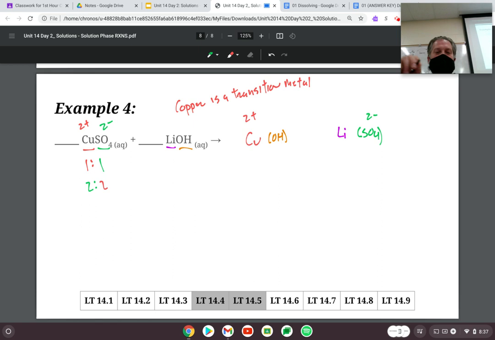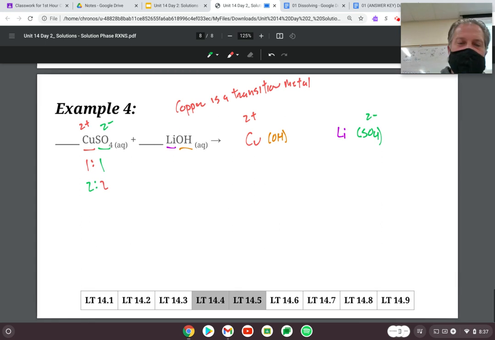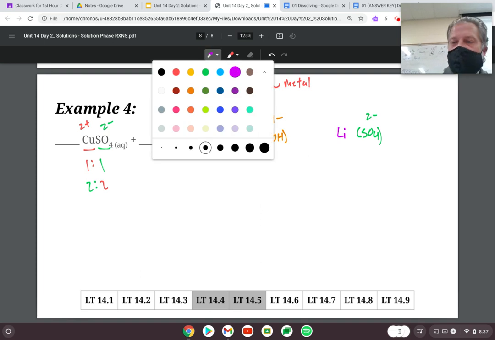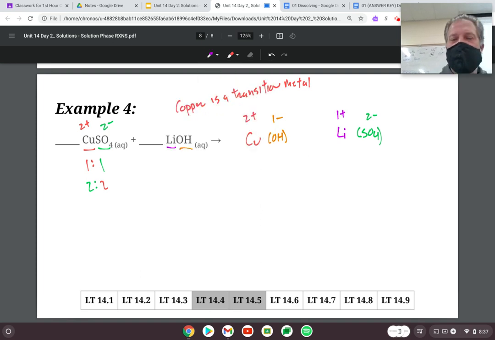Now, hydroxide is on the polyatomic ion list. It happens to be a -1. You see it right there? OH happens to be a -1. So hydroxide is a -1. And lithium is a group 1 metal, so it is a +1.